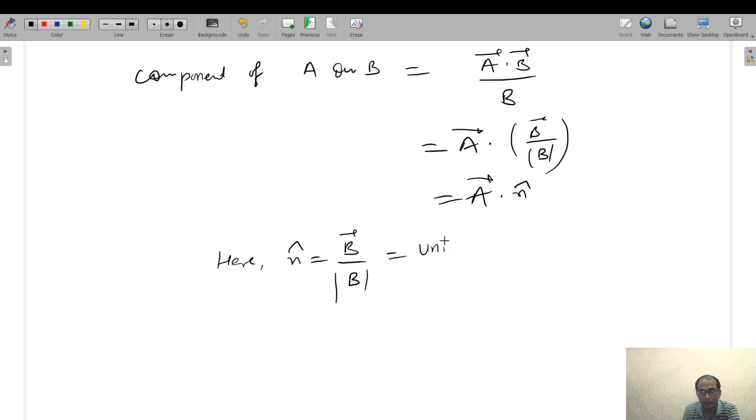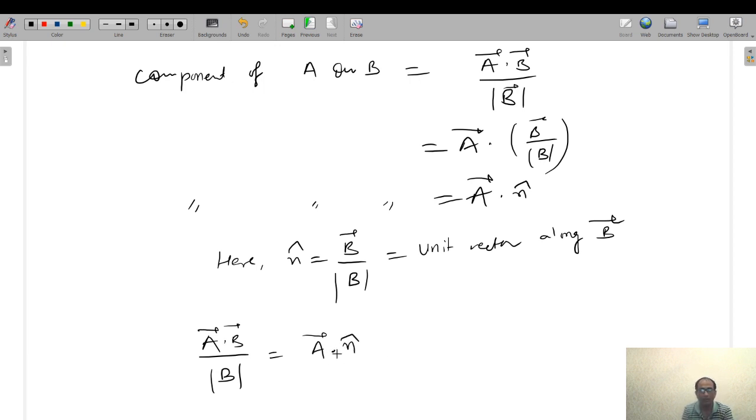So these two formulas are the same, and this one can also be written like this, where n cap is a unit vector along B. They both give us the scalar component, a number, the magnitude of this component along B vector. So this is the component of A along B.